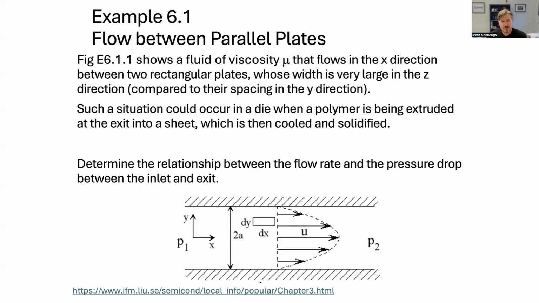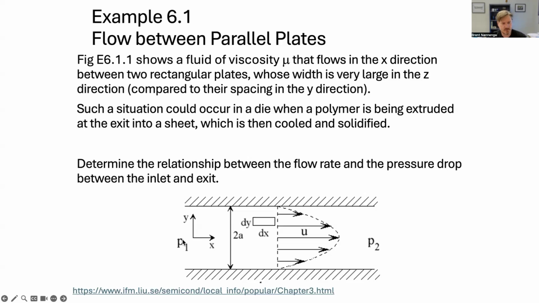We're going to assume that they're very large in the z direction, so we're not going to worry about effects because of the edge in z. One example of this is polymer being extruded between two very thin plates. So the plates are large in the z direction, but maybe the space between the two is very thin. Now, what we want to do is determine the relationship between the flow rate and the pressure drop between the inlet and exit.